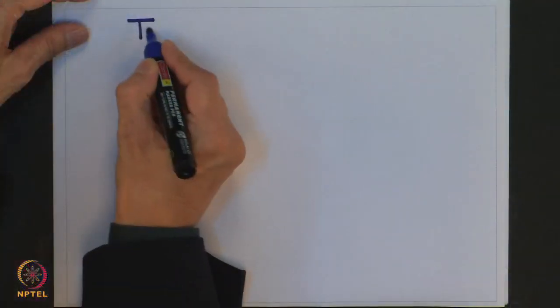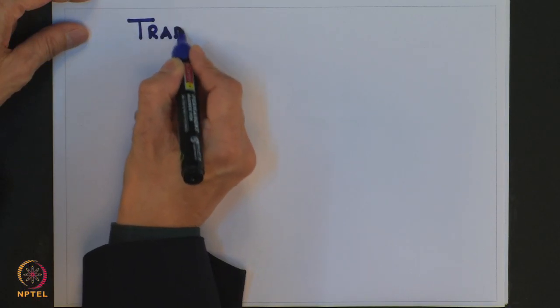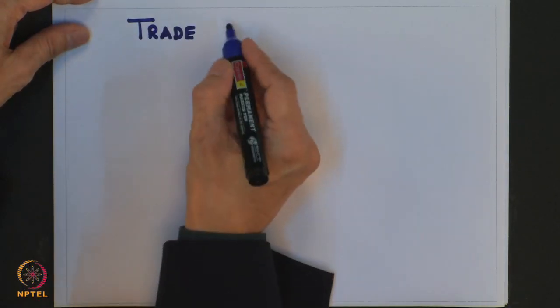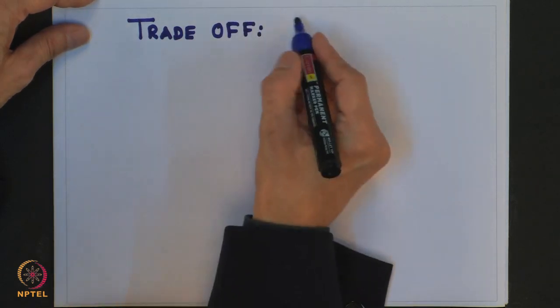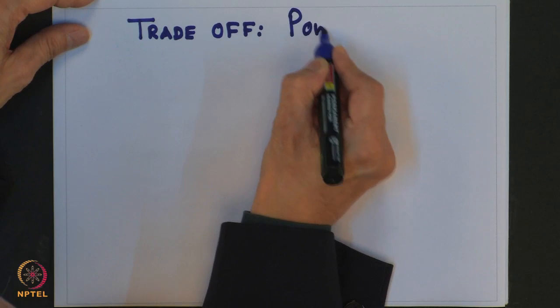Okay. Let us try to quickly understand what is the trade-off between the bandwidth and power for this generalized PCM system.